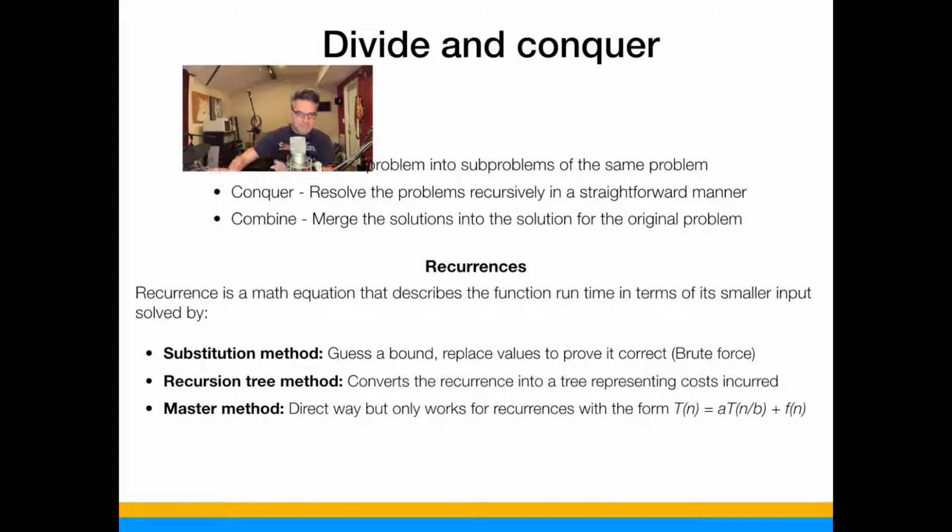Right now, because that is too much math, with a very specific formula, I don't want to go into that without a proper math explanation. Since this is not a math class, it's a Java class, I'm just going to say that's the master theorem.